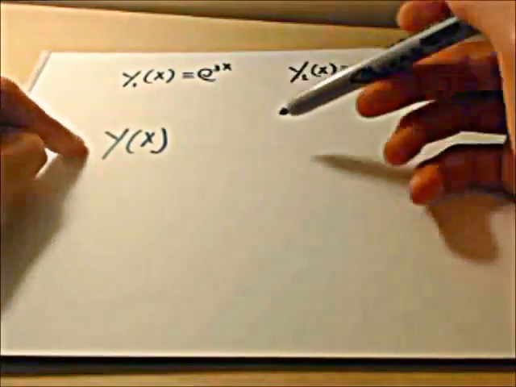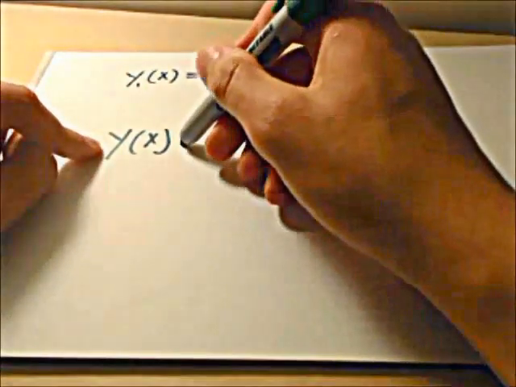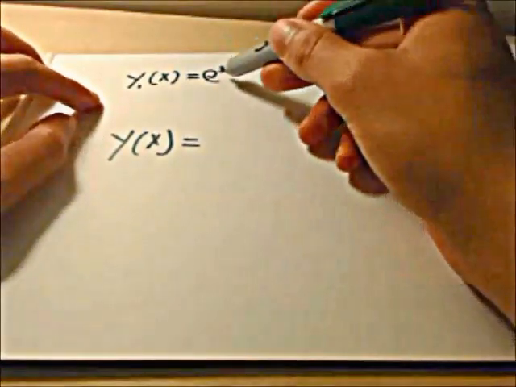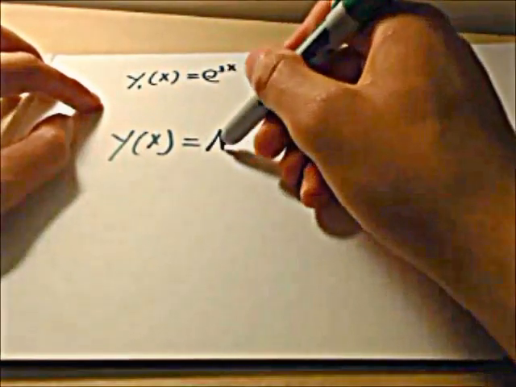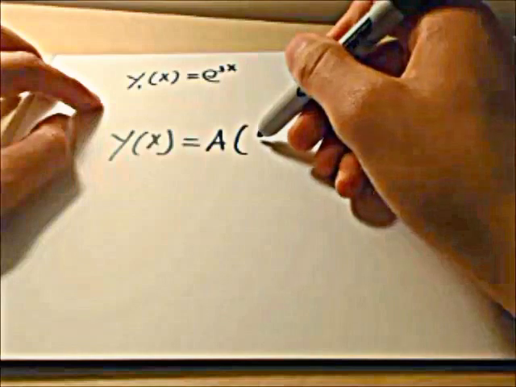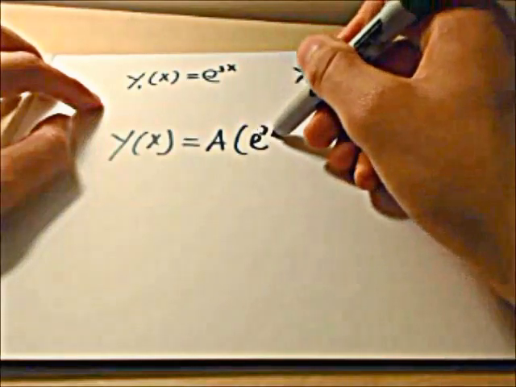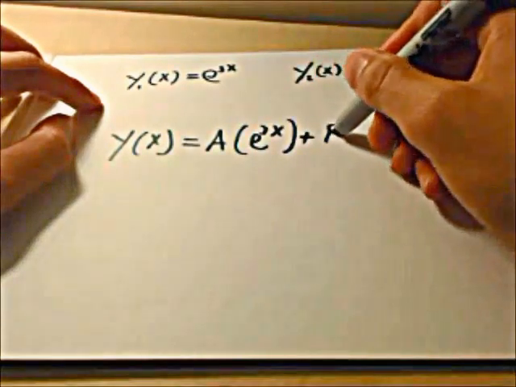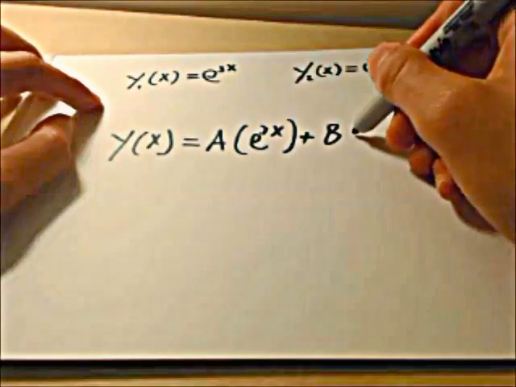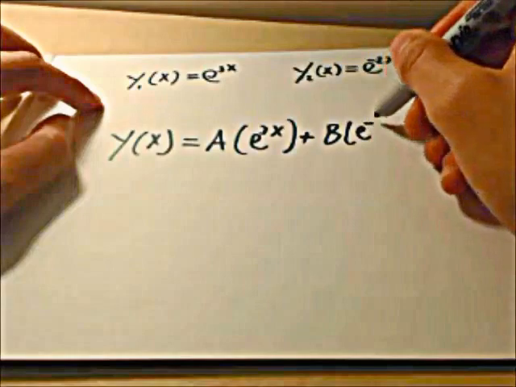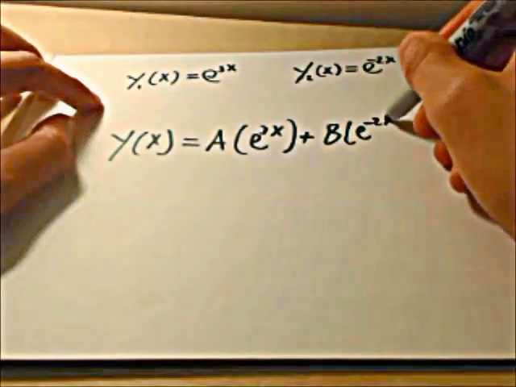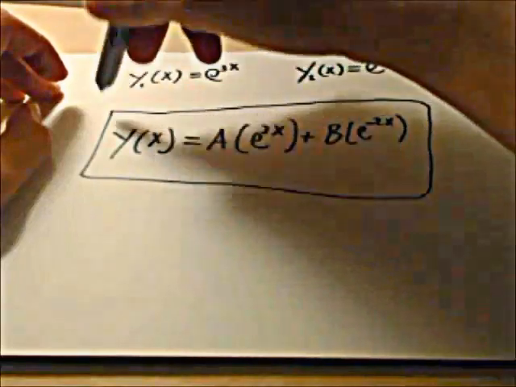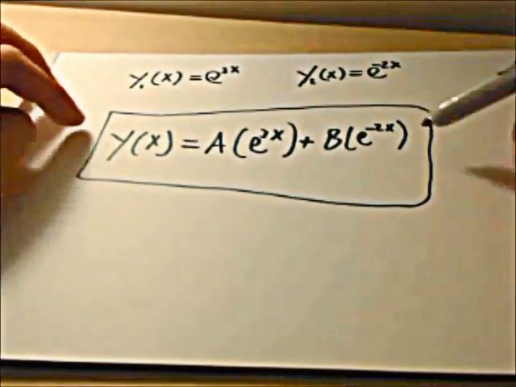So you add that to that. So y equals a times e to the power 3x, plus b times e to the power minus 2x, and that's the general solution.